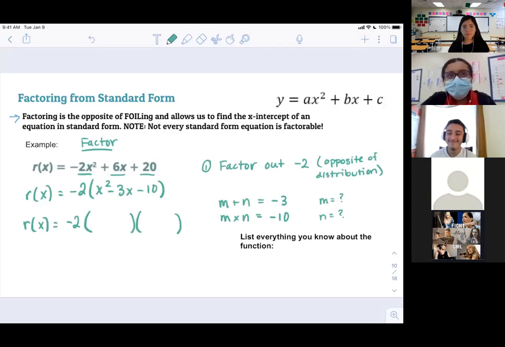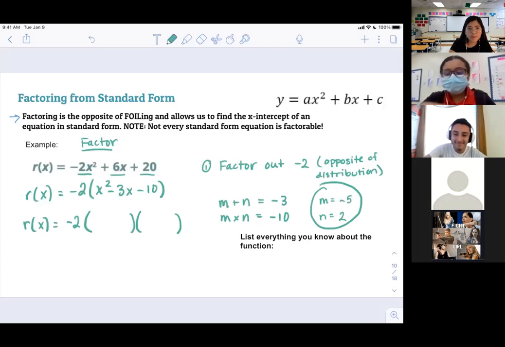5 and... no, negative 5 and 2. -5 and 2. You got it. Would anyone like to explain that again? -5 times 2.